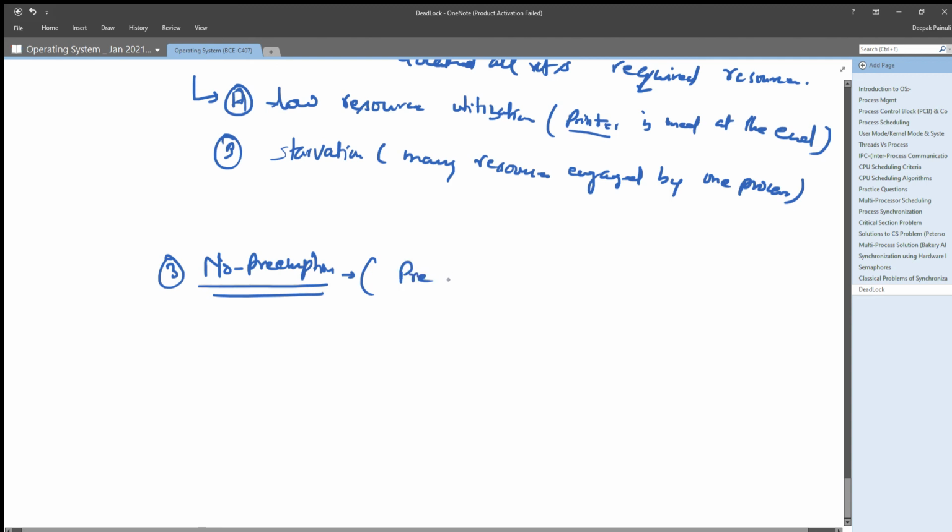Preemption of resources, not processes. Understand the terms. Preemption of resources should be allowed. To prevent the no preemption condition, we must allow preemption of resources.